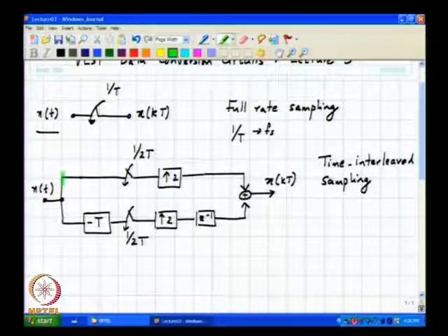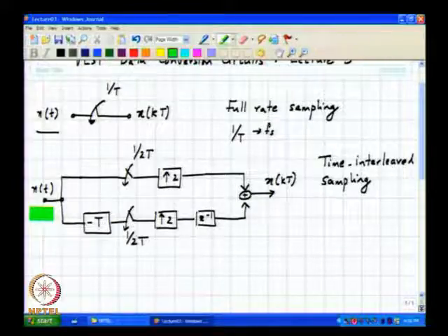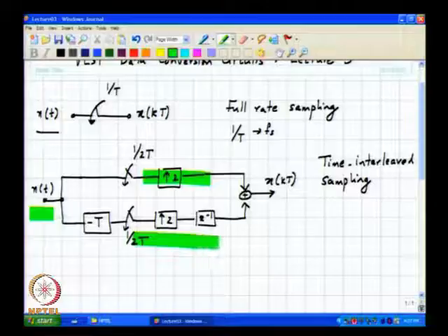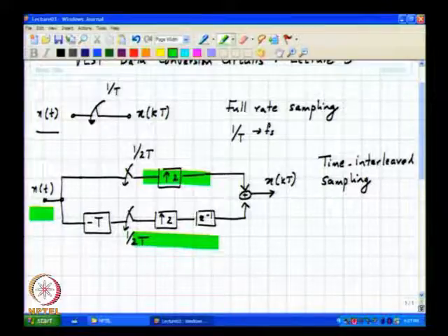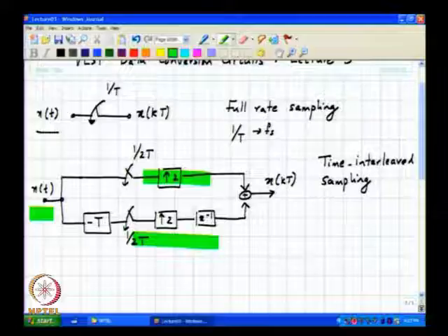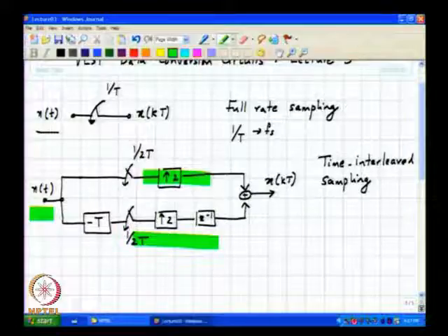Please note, this signal x of t can have a maximum bandwidth of Fs by 2, and in this interleaved system each of these channels is sampling at Fs by 2. So as far as each of these channels is concerned, the input signal bandwidth is Fs by 2 and the sampling rate is also Fs by 2.